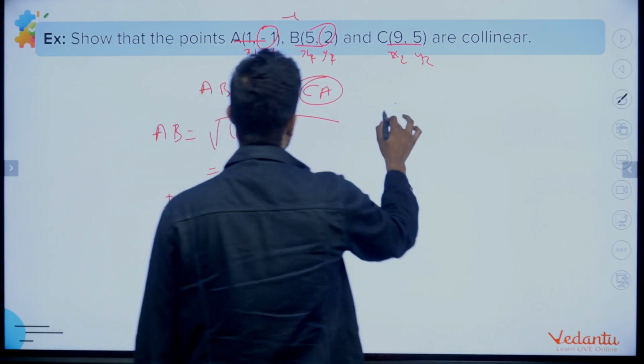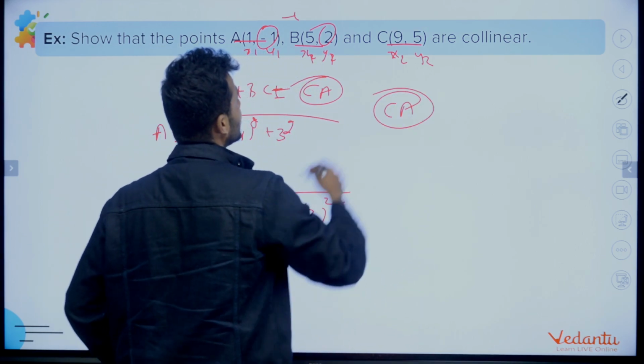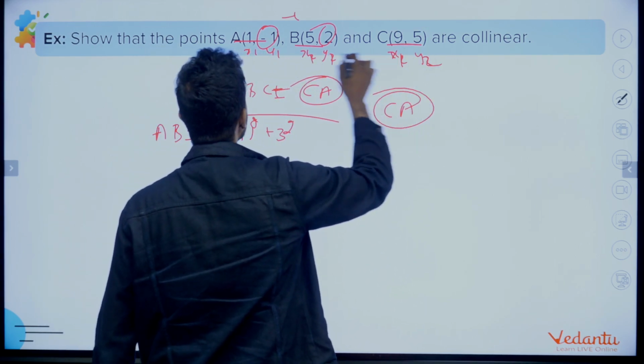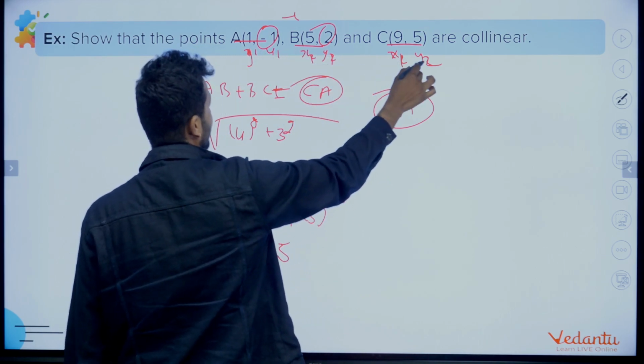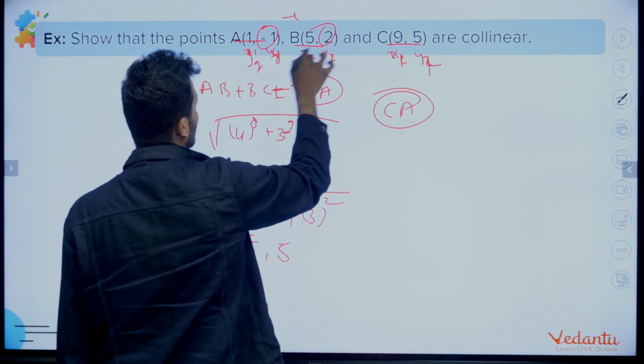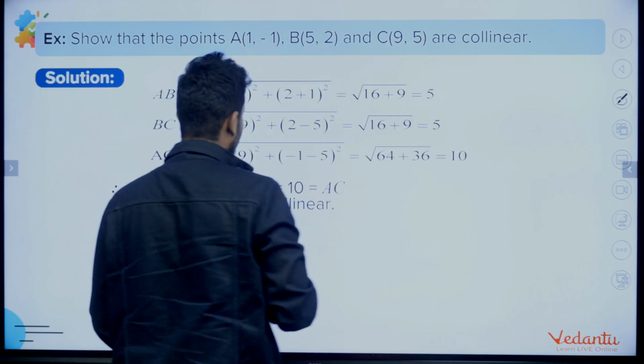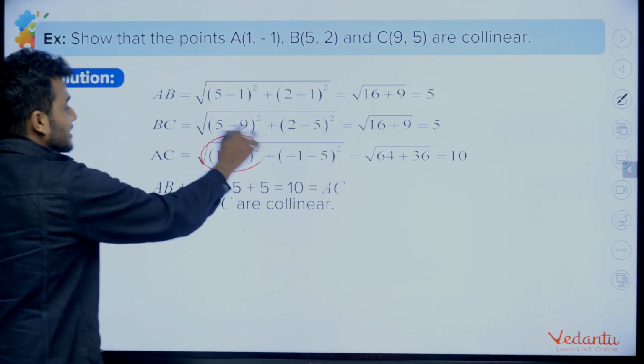Then what is CA? If we take CA now, see this one, x1, y1, x2, y2. 1 minus 9, yes, 1 minus 9, not 9 minus 1.